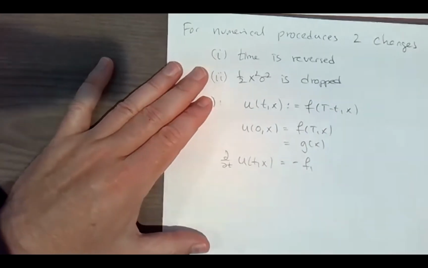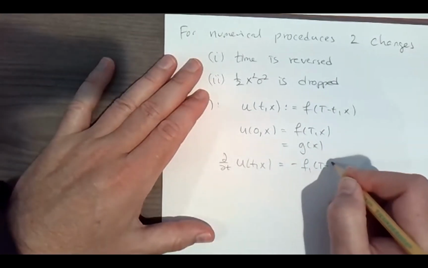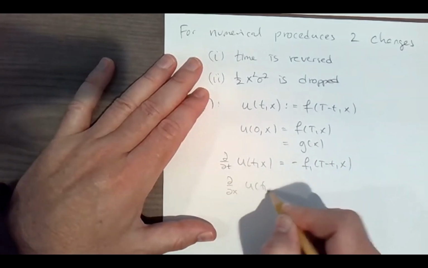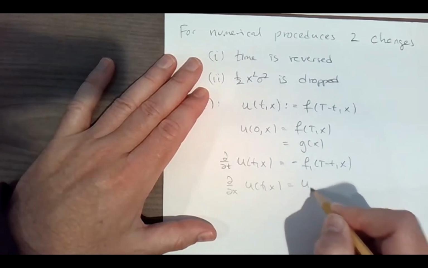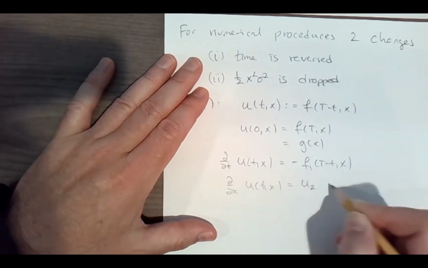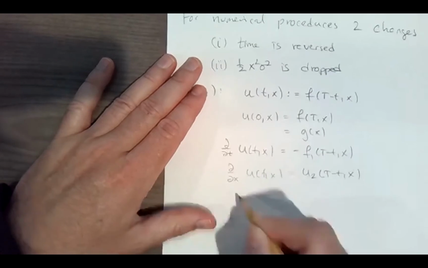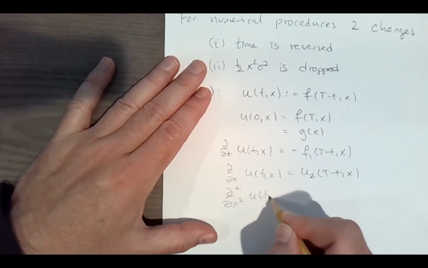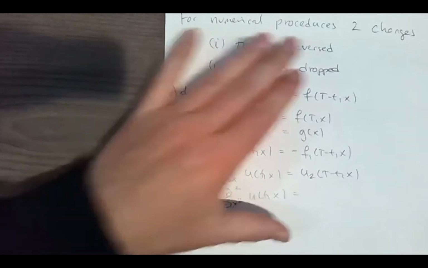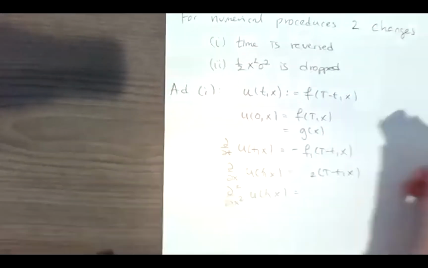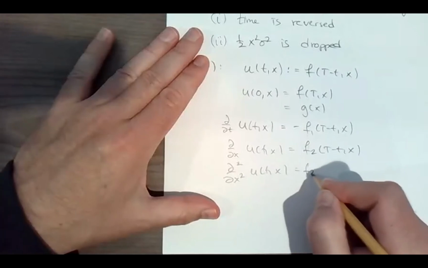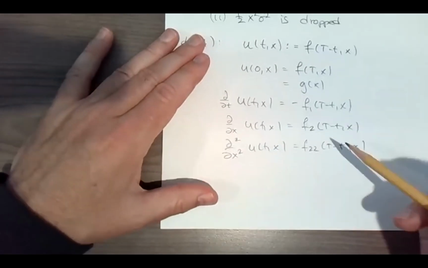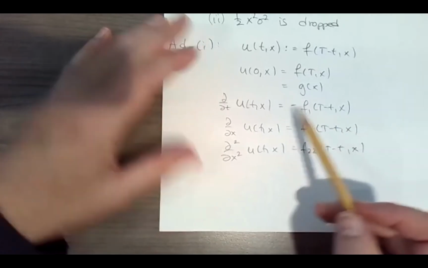So this is minus f1 evaluated at T minus t and x, and then if I take the derivative with respect to x of u, this is the same thing as f2 at T minus t and x, and the same thing with the second derivative, f22 of T minus t. You plug all this in, you see that the only difference is going to be this minus sign here.